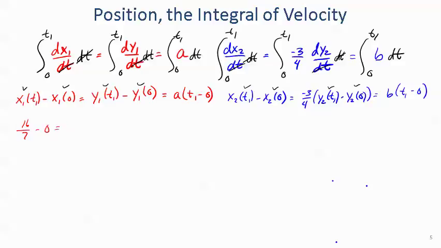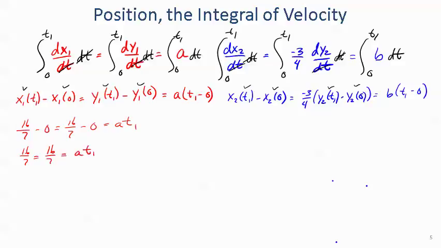And for y, again, y at the collision is 16/7, and y at time 0 is going to be 0, which was our initial point. And that's going to equal a times t1. So all you're going to get is 16/7 is equal to 16/7 is equal to a times t1.